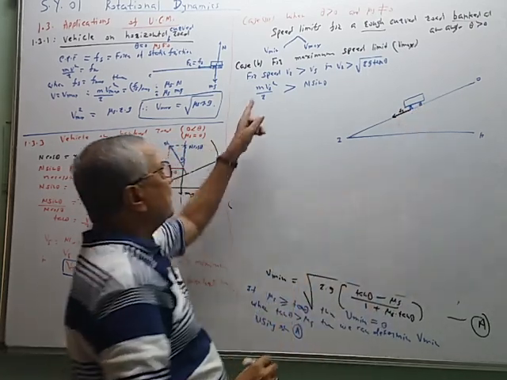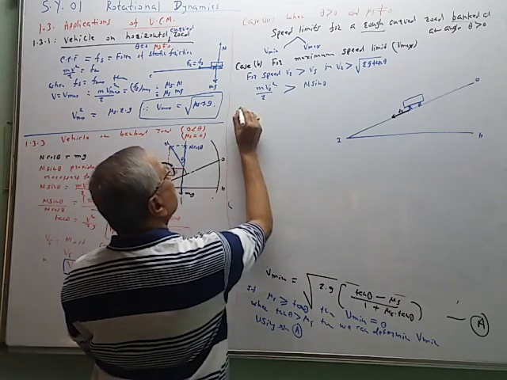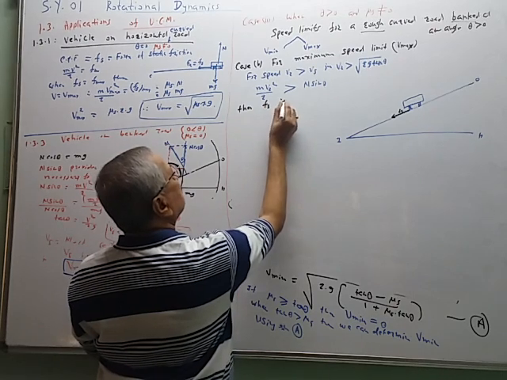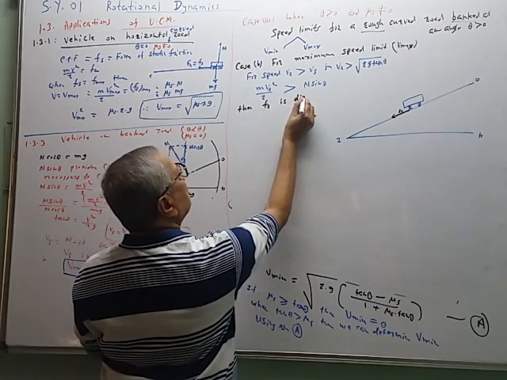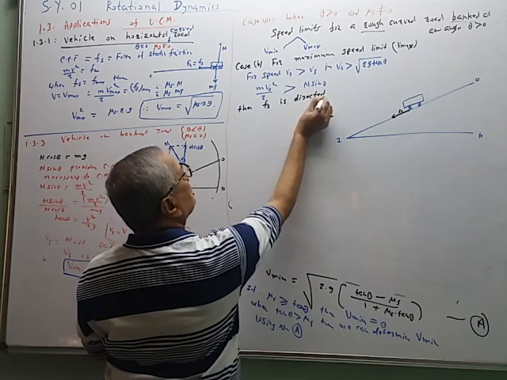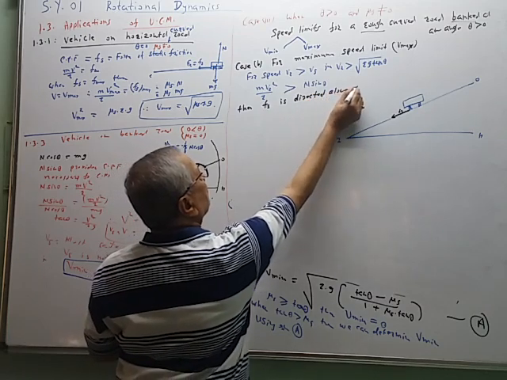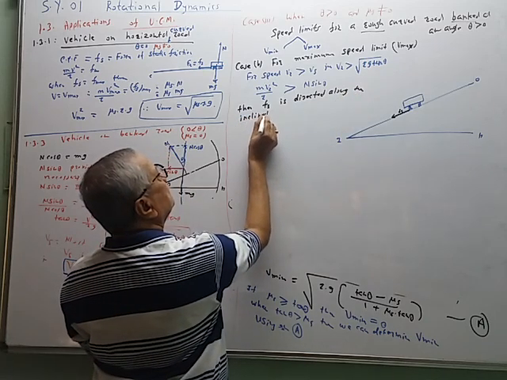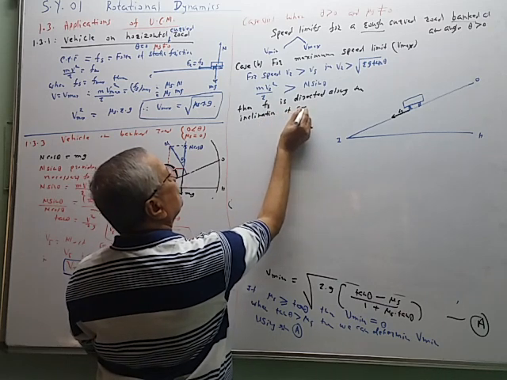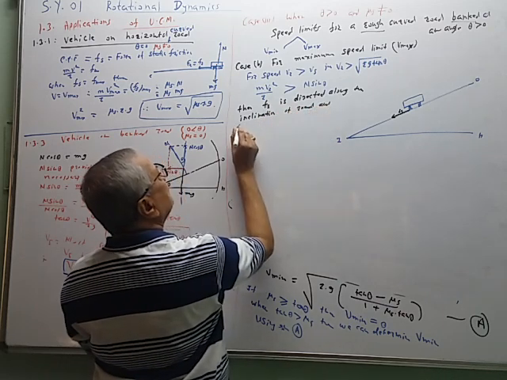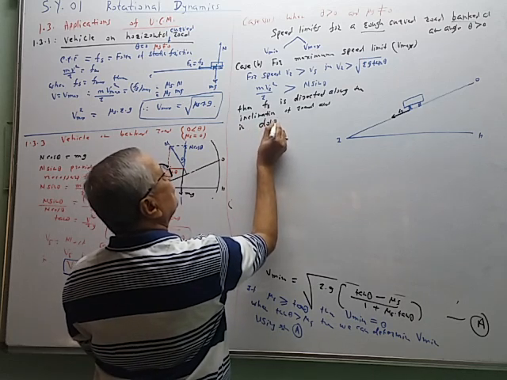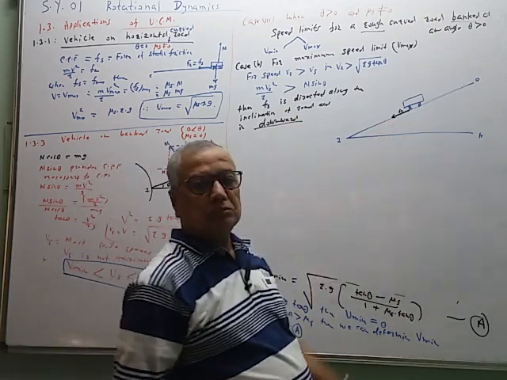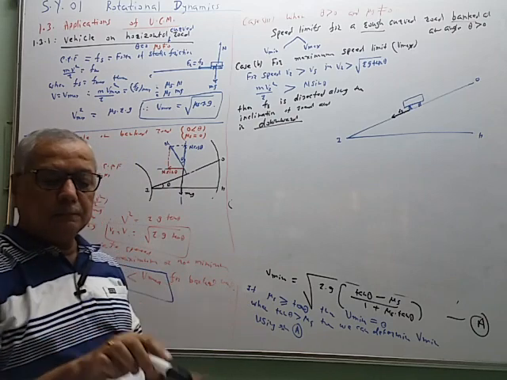Fs. So when m V2 square upon R is greater than n sin theta, then the force of static friction Fs is directed along the inclination of the road, parallel to the inclination of the road, and downward. मागच्या वेळेस अपवर्ड होत, बाकी फिगर तर मागच्या प्रमाणात आपल्याला कंप्लीट करायची.